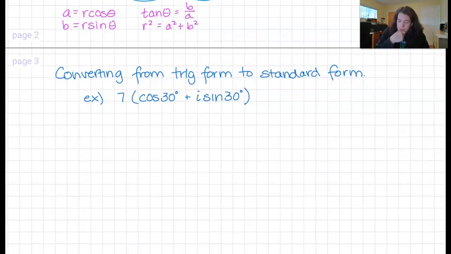Okay, so we have the formulas right here. All we need to do is find a and b, and we are given what r and theta are, so you just plug them in. It's really that easy.